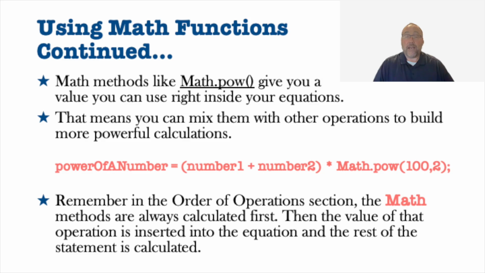That's 100 times 100, by the way. It would take that value and store it there. Then it would look at the thing in the parentheses, number1 plus number2, and calculate that. Then it would multiply them together and put that value in the variable powerOfANumber. See how that went?